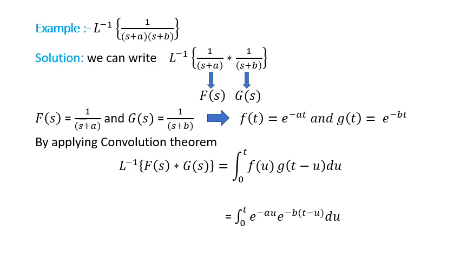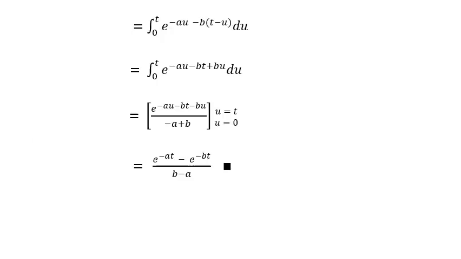And in g(t), replace t with t minus u, so it is e raised to minus b bracket t minus u, du. Since these are exponents, you can add the powers. So after adding the powers, you get the integral from 0 to t of e raised to minus au minus bt plus bu, du.